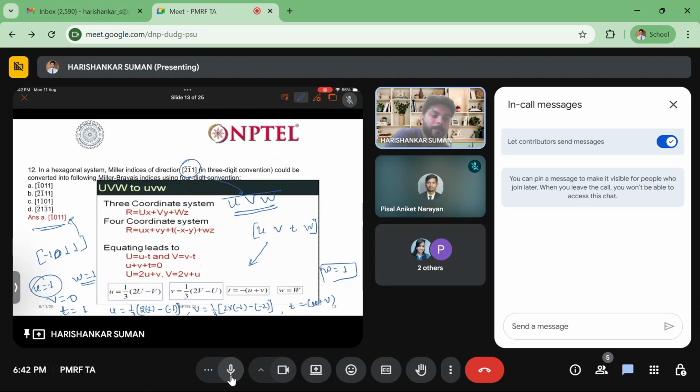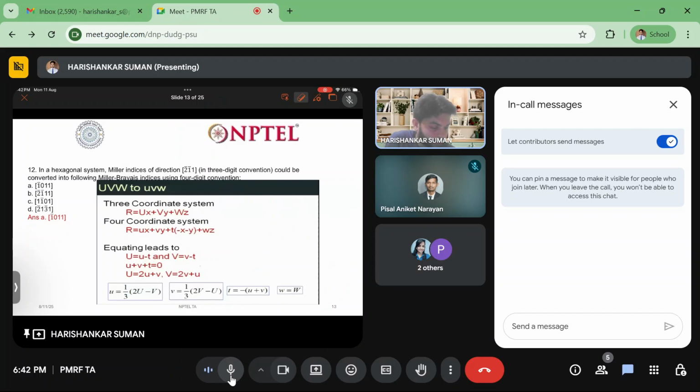Okay, clear this answer explanation. Please remember these formulas.